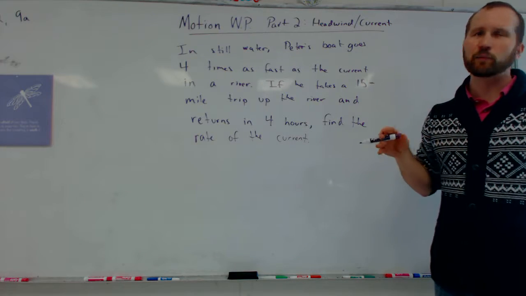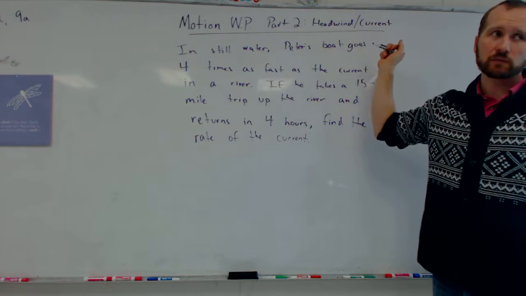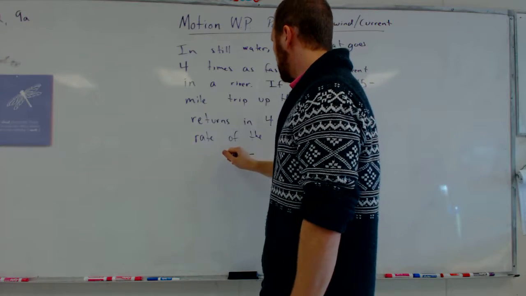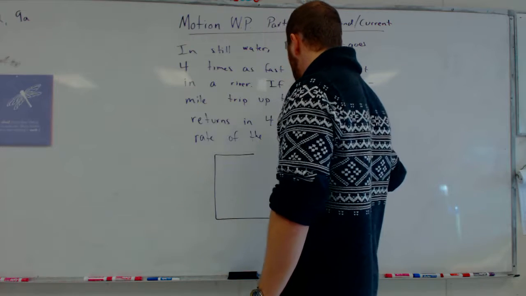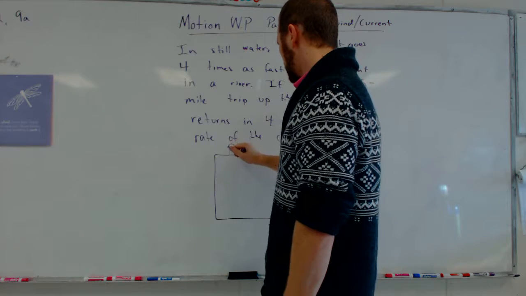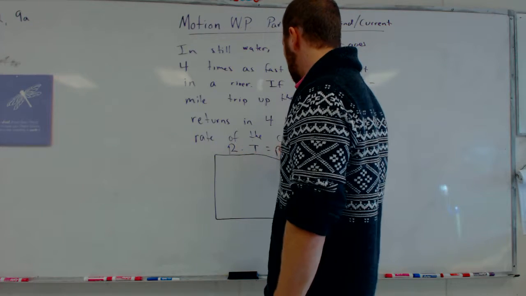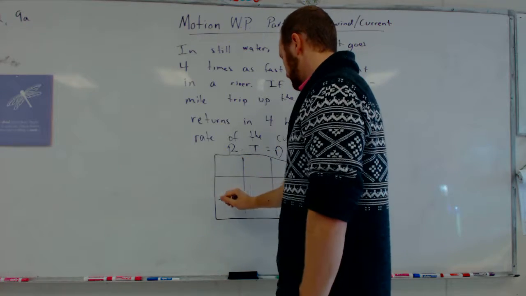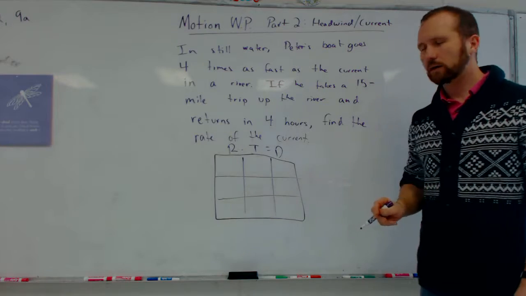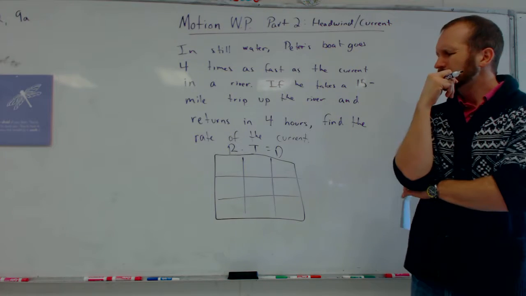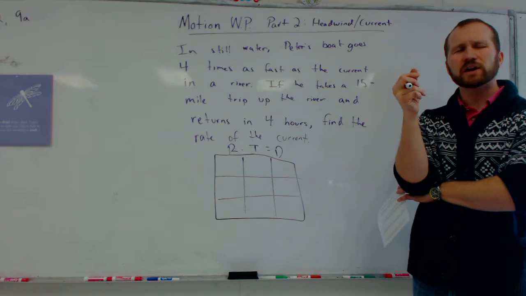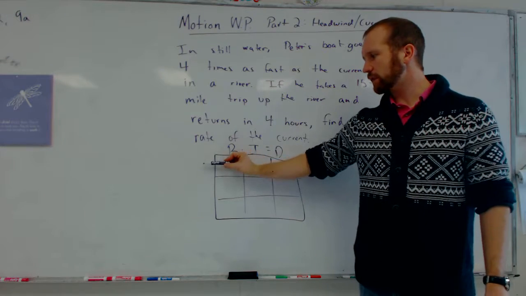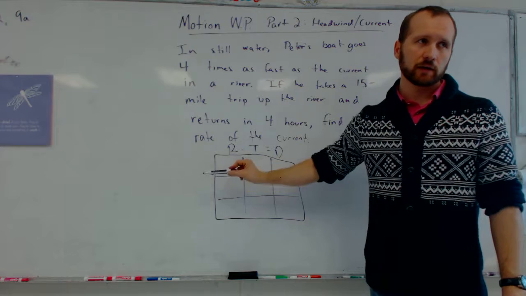So the key step with this general type of problem is this. When we create our chart, rate, time, and distance, in general, we don't want to make one row for Peter's rate and one for the current's rate.